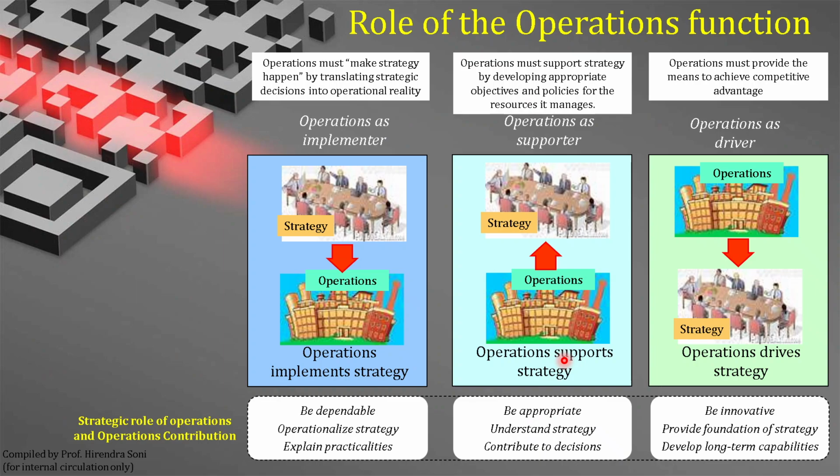Operations actually play different roles. First is the role of an implementer, wherein it implements the strategy which is being suggested by the top management. Whatever management wants to achieve, it operationalizes the strategy.